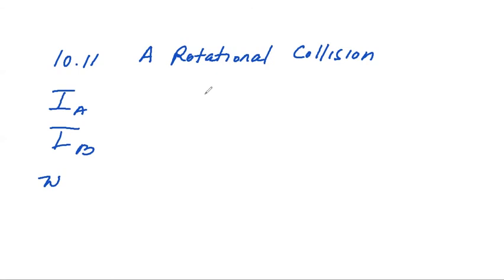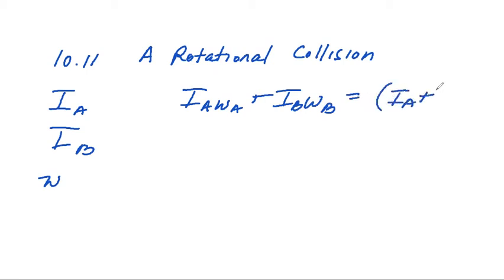Okay, so this is the rotational equivalent of a perfectly inelastic collision. So we've got I_A omega_A plus I_B omega_B equals (I_A plus I_B) omega combined, if you will.